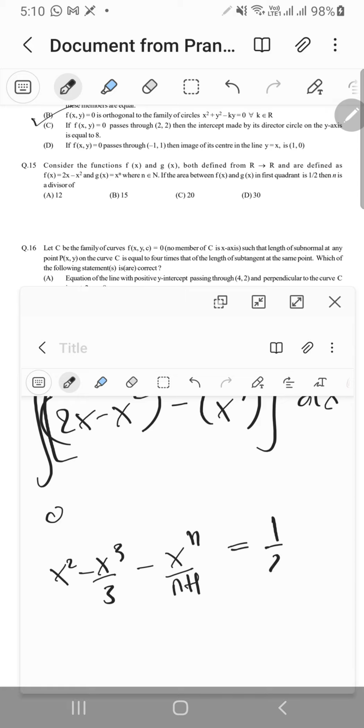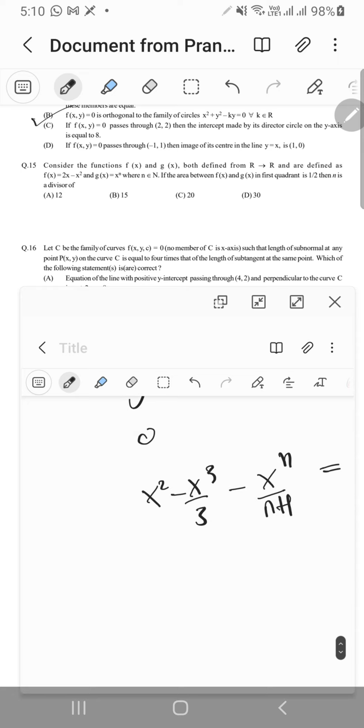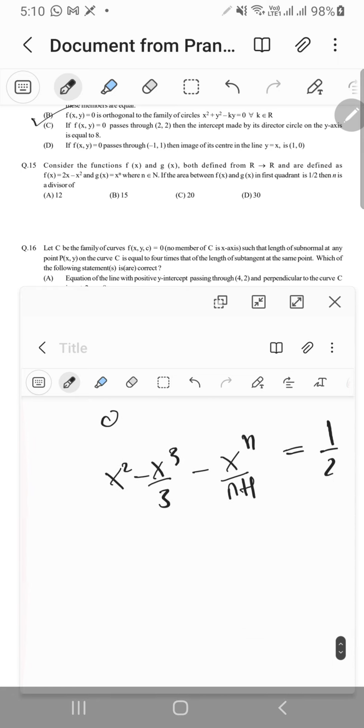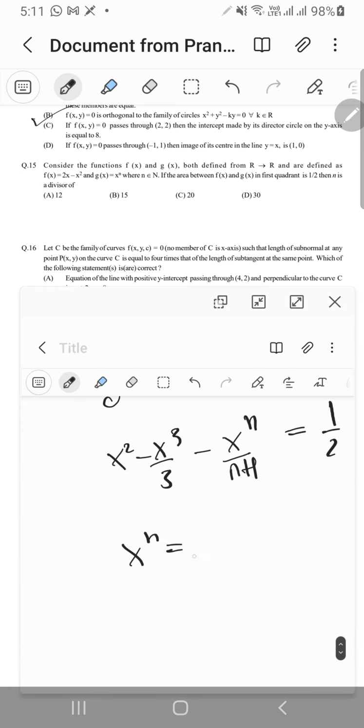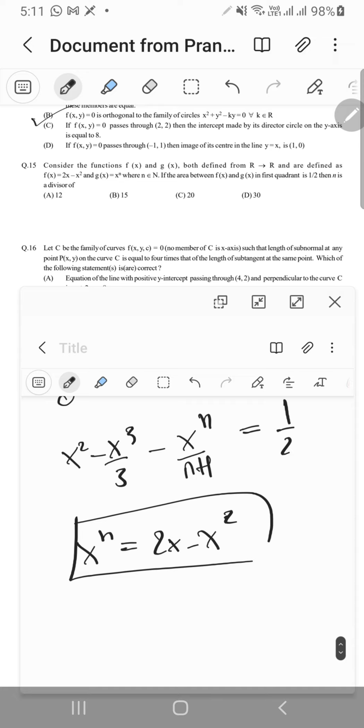This is equal to 1 upon 2. This should have a solution such that that equation is also followed, which was x power n equal to 2x minus x squared. So these are like a system of equations now. So you can just put this into that, like x squared minus x cubed upon 3. But then what about this n plus 1? This is not good.